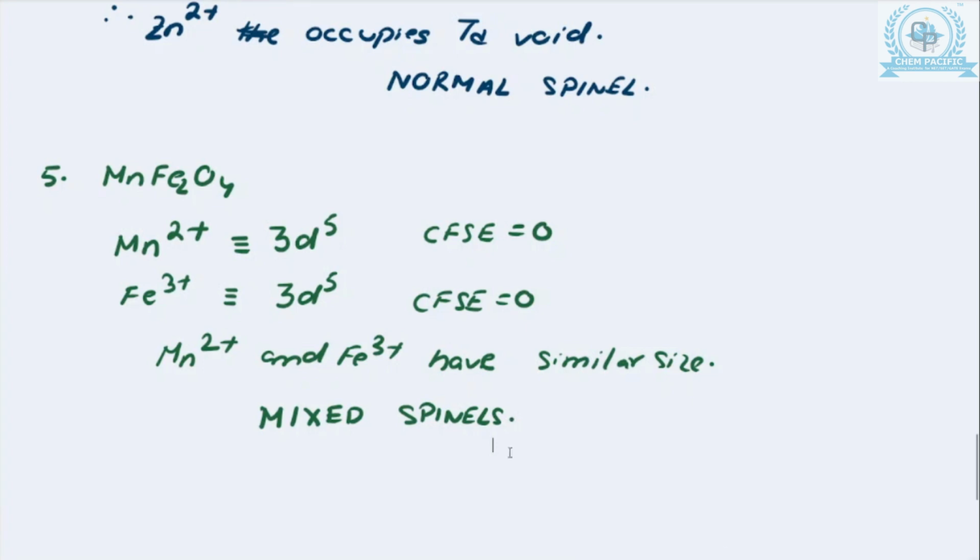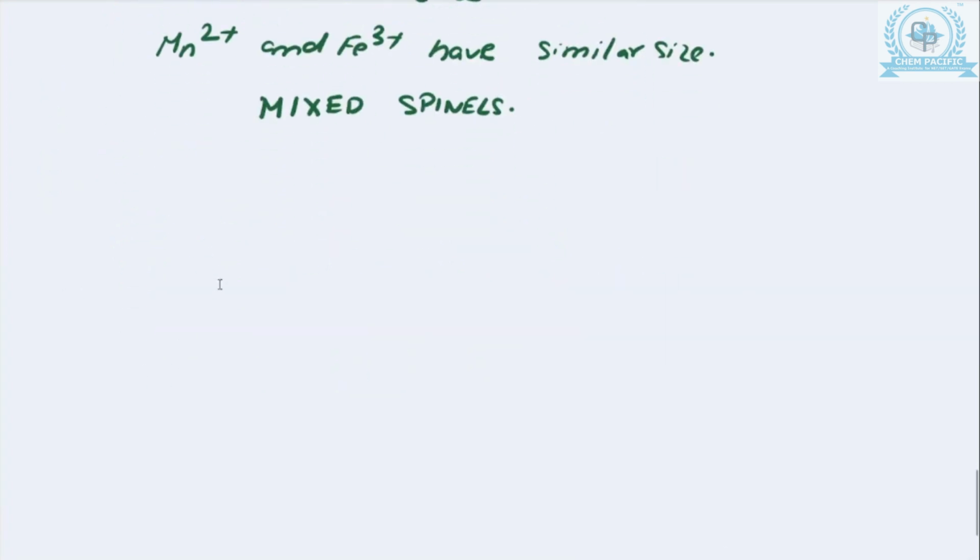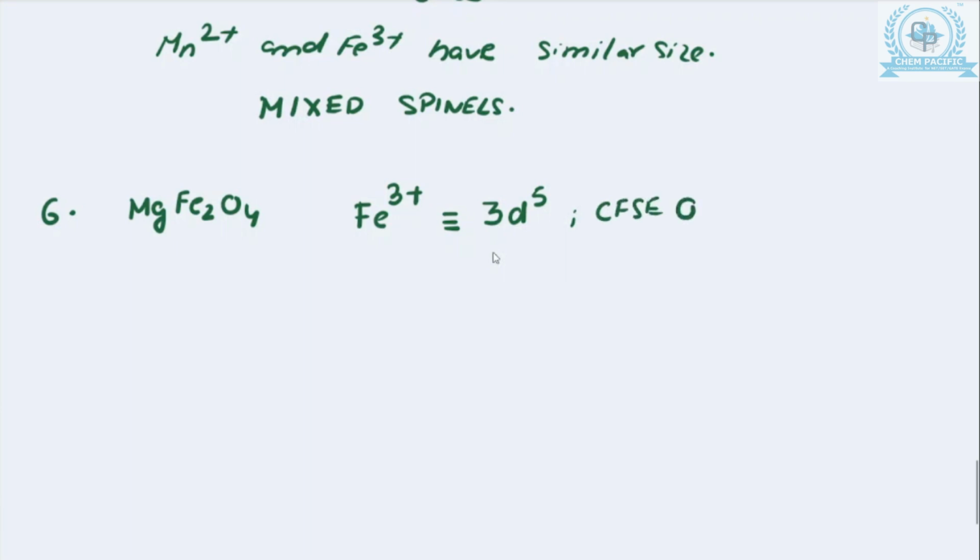Now let us move on to the next example. Example number 6 is MgFe2O4. Here Fe2, which is more in number, has oxidation state +3, with electronic configuration 3d5. In high spin 3d5, its CFSE will be 0.